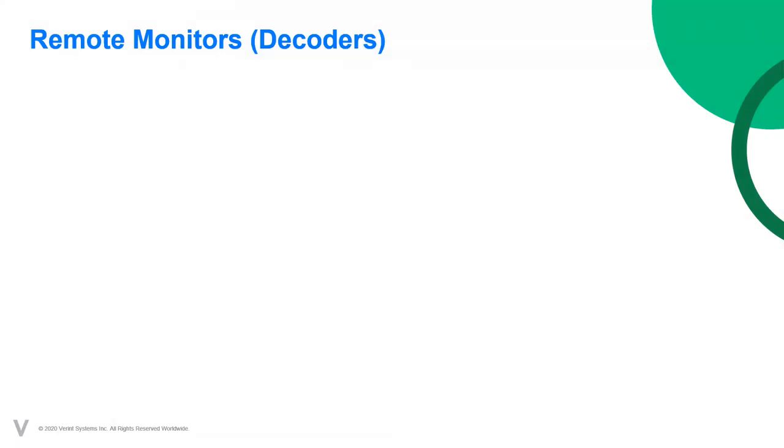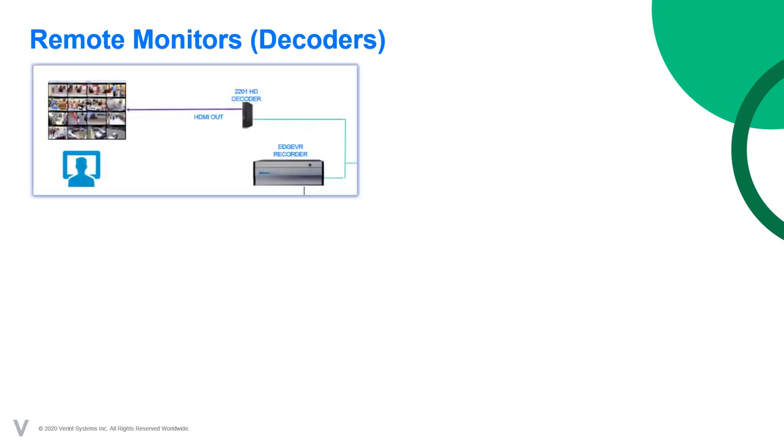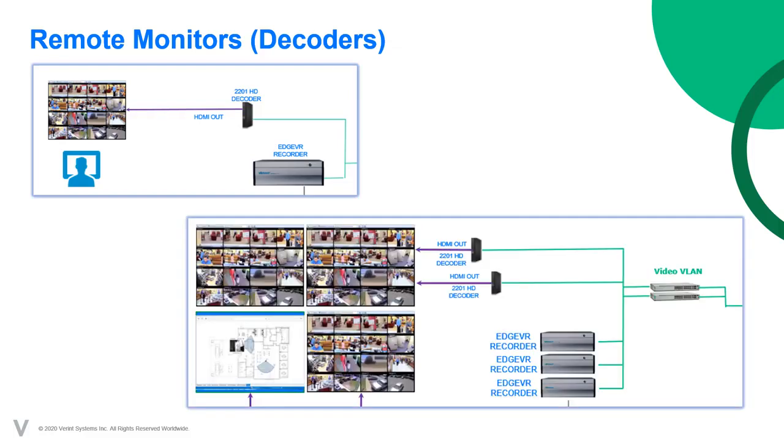A video wall is a combination of local monitors and remote monitors configured to efficiently display live video. We can deploy a video wall in any location connected to the network by using remote monitors hosted by Variant S2201 decoders. A few examples of these installations are reviewed through this course.